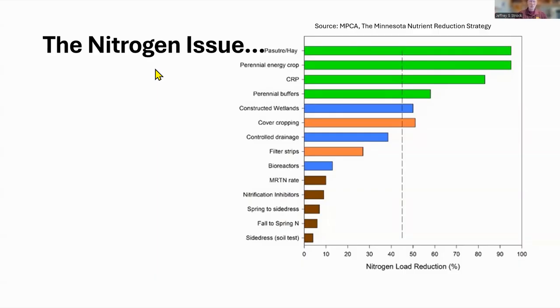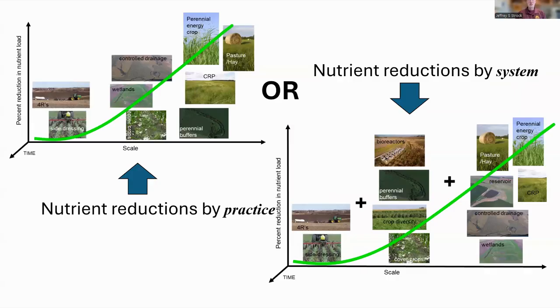Again, I listed those five: bioreactors, controlled drainage, ditches, wetlands, and then saturated buffers. When we think about those things, we can take a look at these conceptual graphs. The one on the upper left thinks about nutrient reduction for nitrogen by practices.